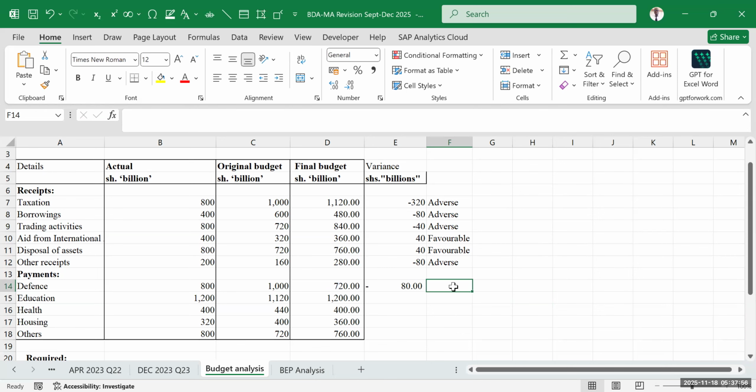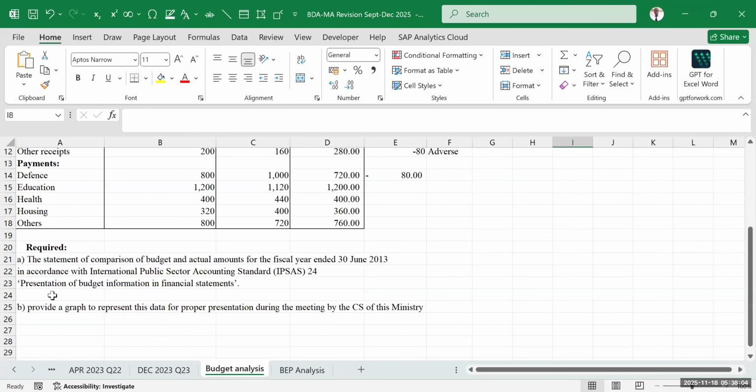And members, examiners nowadays at this level, when they ask you, in this case, you look at the question here, they just said presentation of the budget information, but they might ask you to use logical function. Whenever they ask you to use a logical function to reason out, by the way, I think there was a question on logical function in budgets.